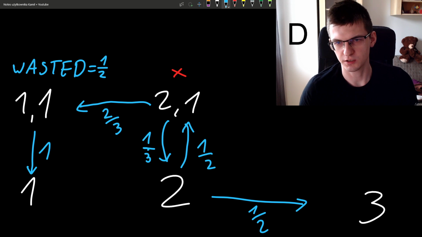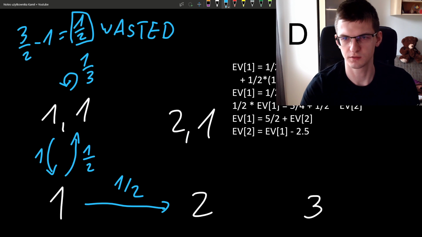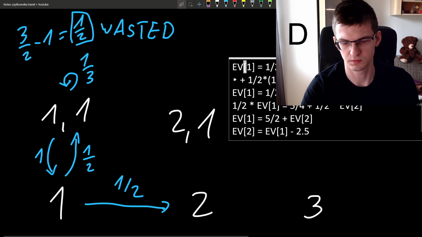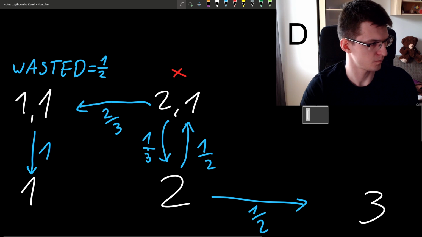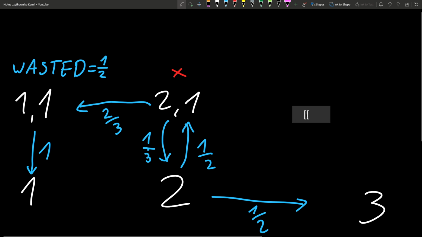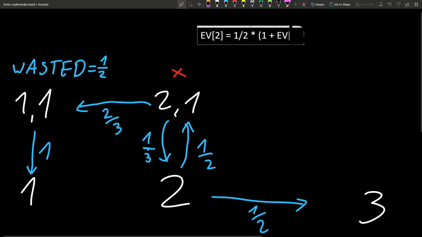So I claim that we should get EV of 2 is with half we finish.